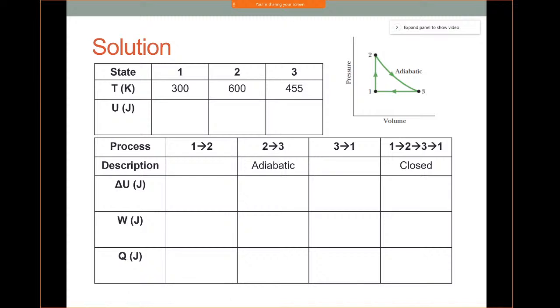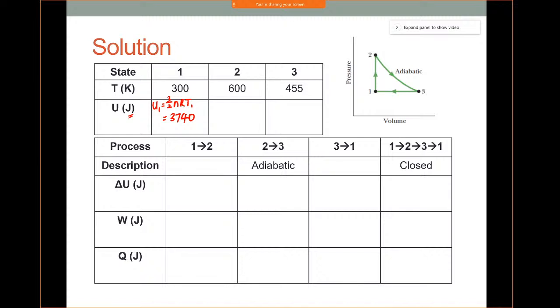So complete the table here. Okay, so if your temperature is given, can you find your value of U? Can, right? So to find the value of U, U1 equals 3 over 2 nRT1. So this is your T1 and you get 3740 joule. The unit is here, so you don't have to mention your unit in your table again.